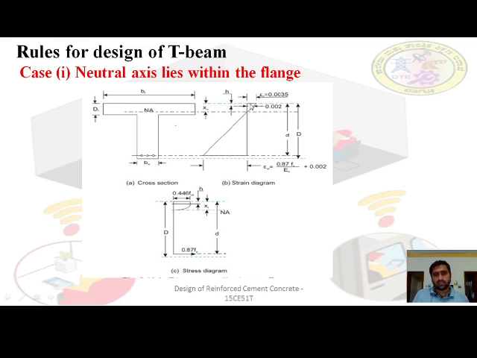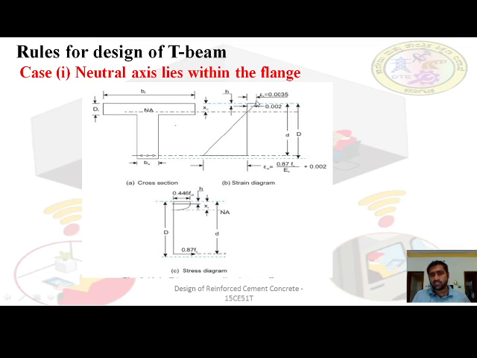The strain is varying linearly and becoming 0 here. Maximum strain of 0.0035 in the extreme fiber, and up to 0.002 the stress in the concrete will be uniform. I think everyone knows this one, but I will explain once again.